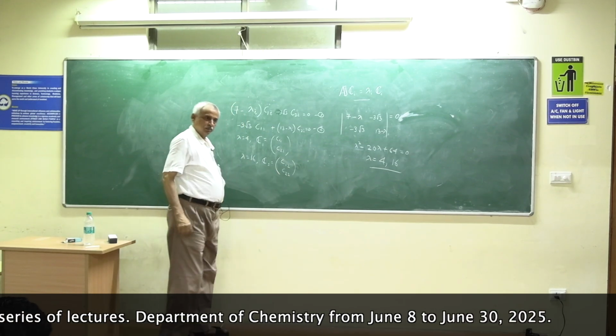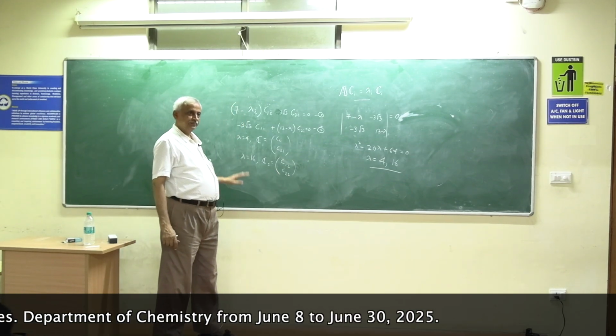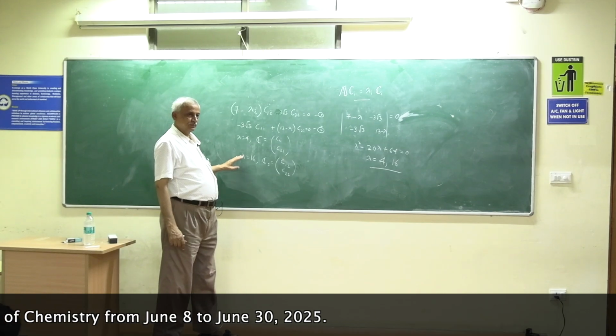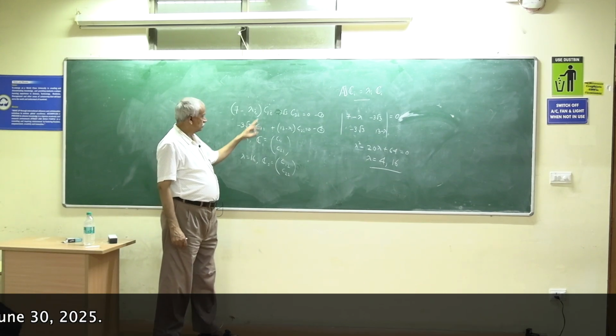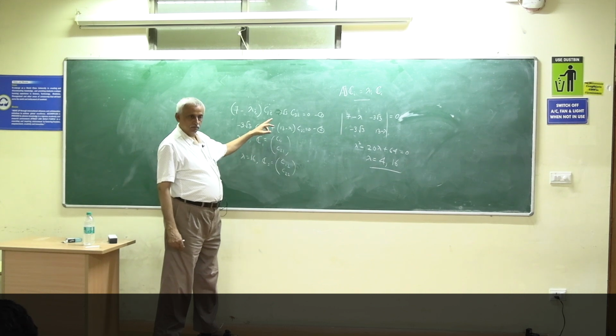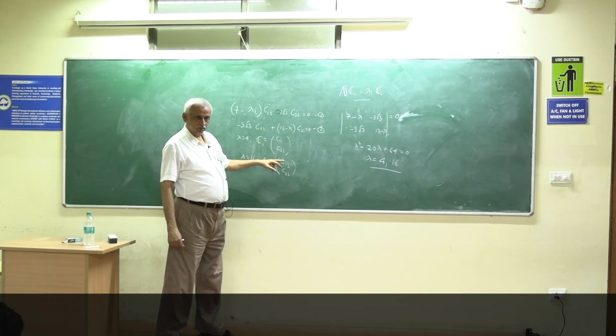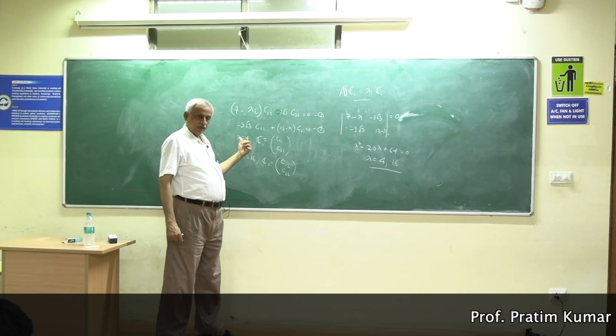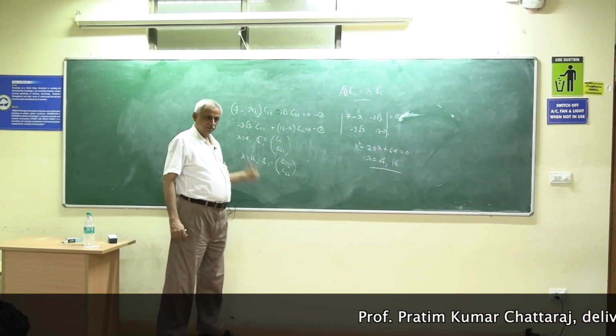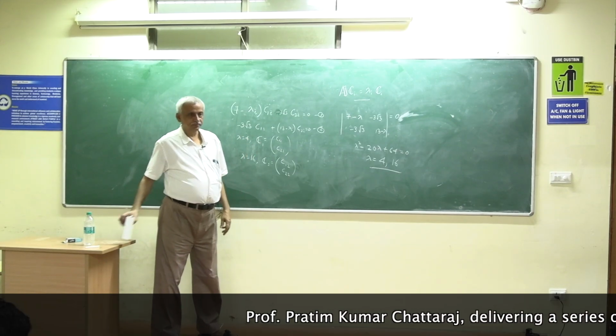Okay, perfect. I1 means lambda equal to 4. I2 means lambda equal to 16. Okay, perfect.